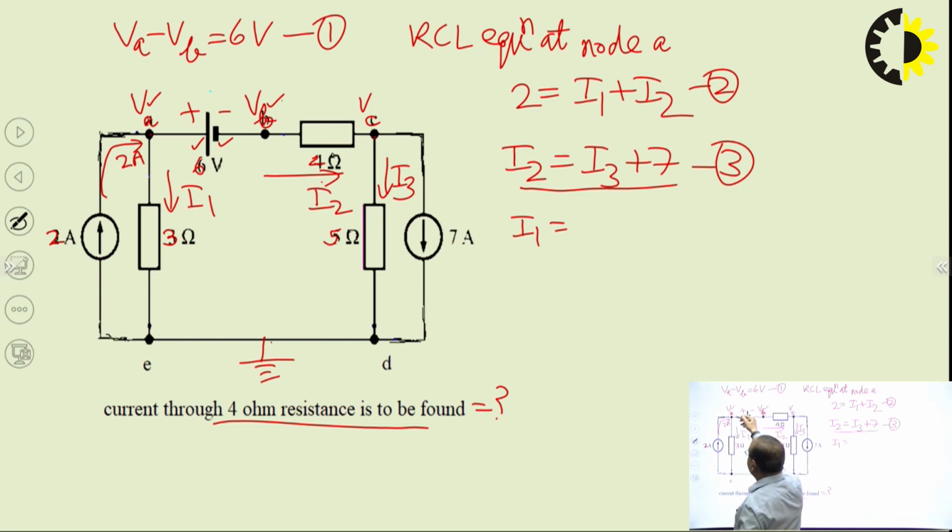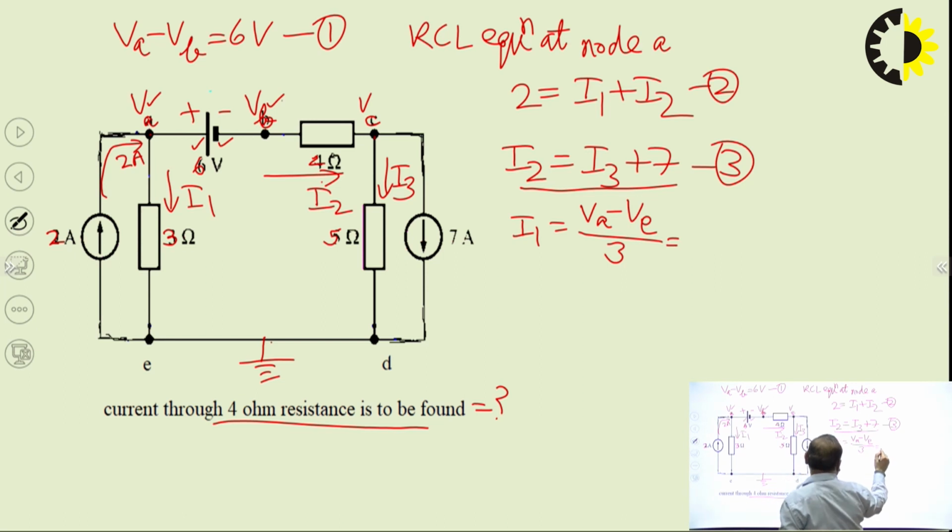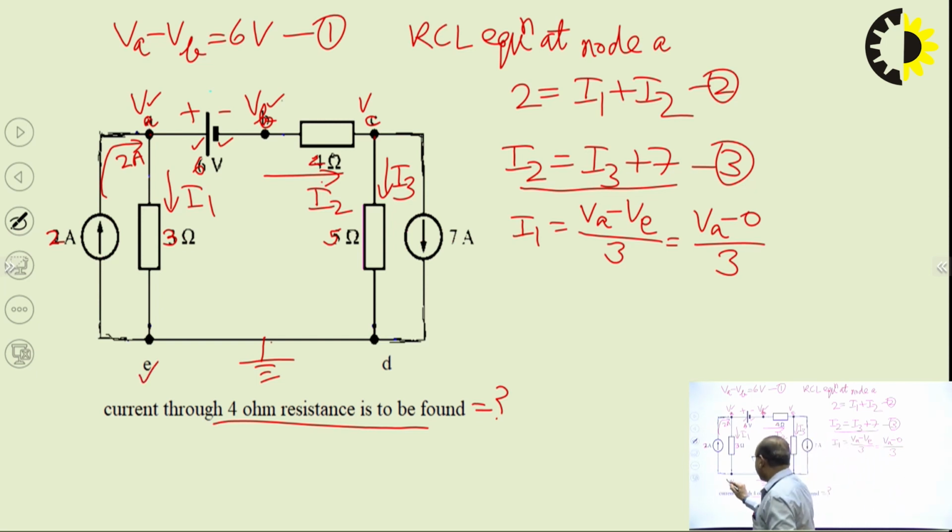First, node A potential we will write VA, then minus VE, since the direction of current is from A to E, divided by resistance of this branch, 3, and this will be equal to VA minus 0 upon 3, since the potential of E is 0, since it is at ground potential in the bottom line connected with the ground node. This is the ground node, or reference node, or datum node.